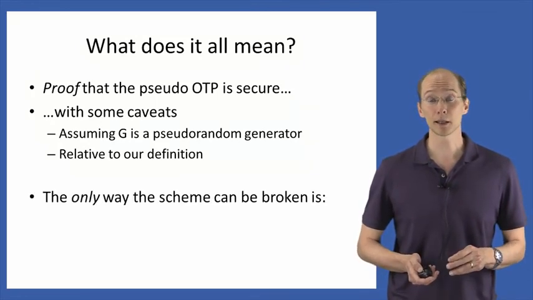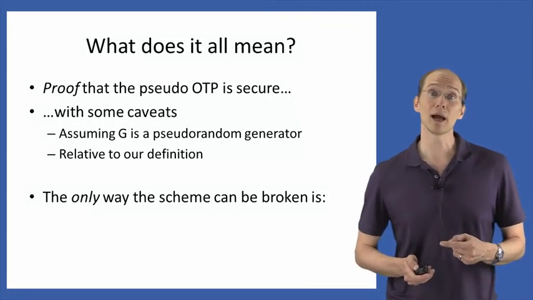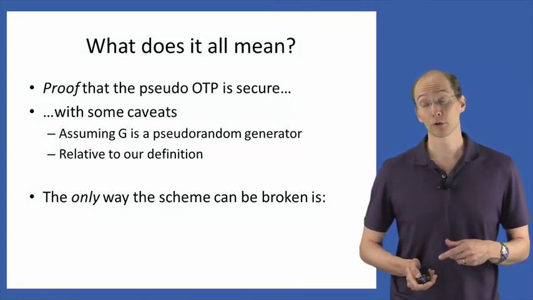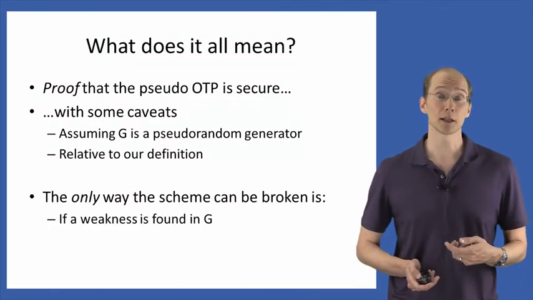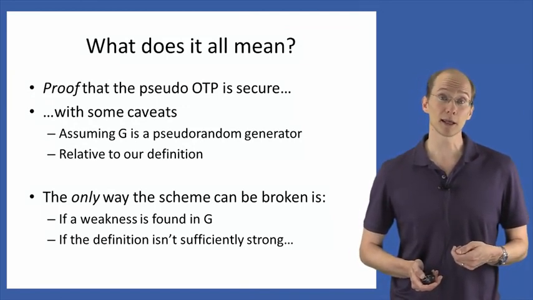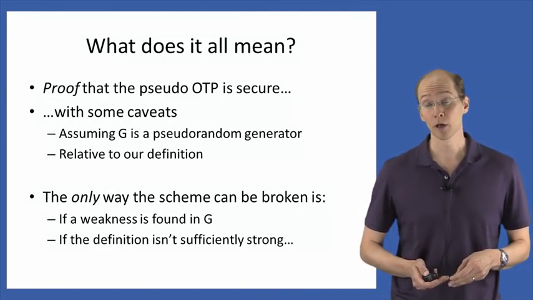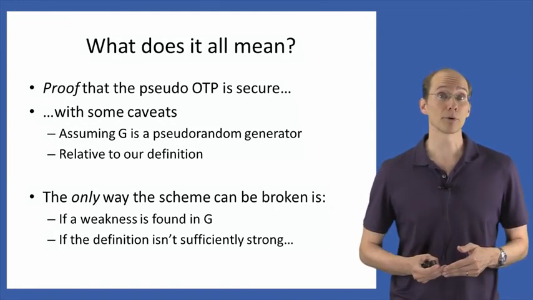Now what this means is that on the one hand, we're guaranteed that the only ways to break the pseudo one-time pad scheme are either to find a weakness in G, or if the definition of computational secrecy isn't sufficiently strong. The first of these, a weakness being found in G, is a concern in practice.